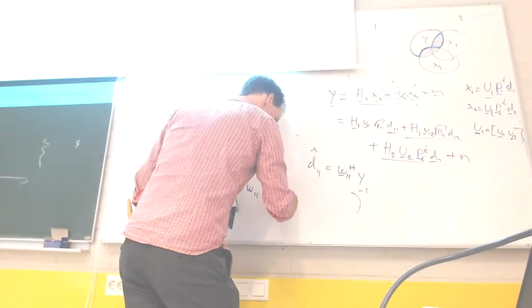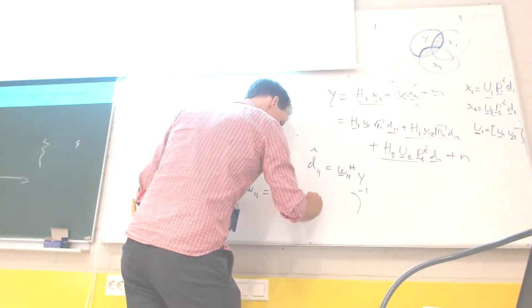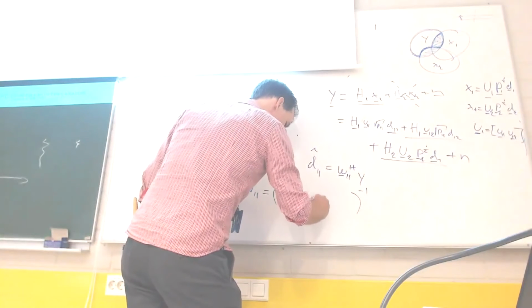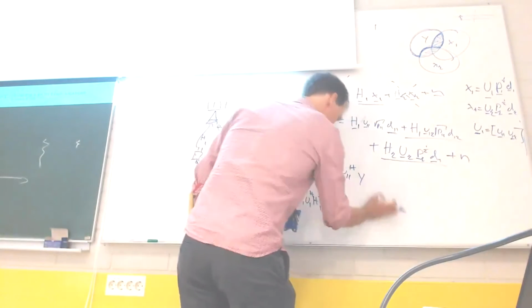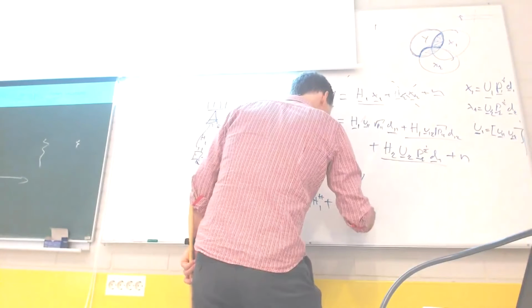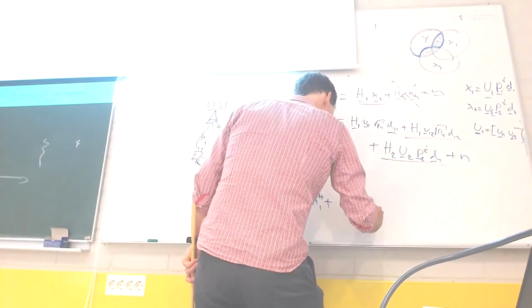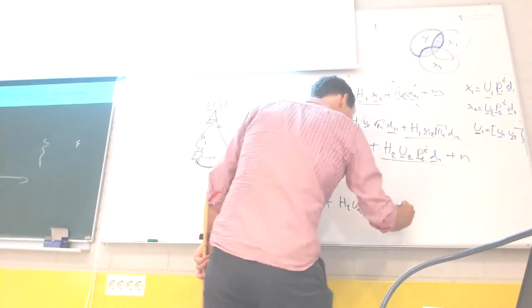So we have H1 U1 E1 U1 H1 plus H2 U2 E2 U2 H2.